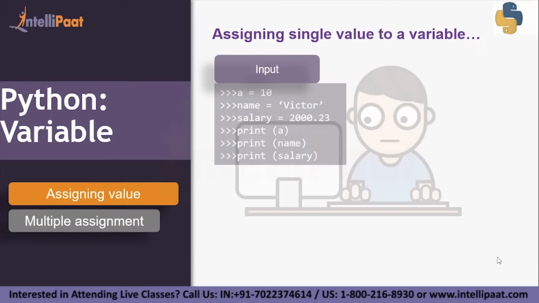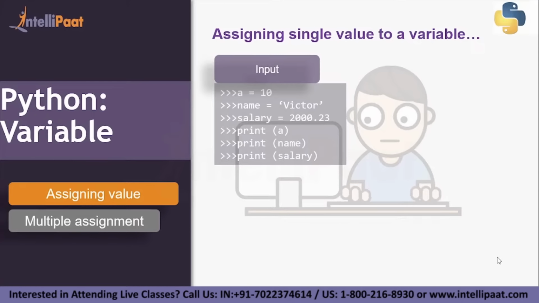Python will automatically detect that this name variable is of data type string, since it stored a string value. Next, we have salary as 2000.23. Since 2000.23 is a floating type, Python will automatically detect that salary is of data type float. You don't have to specify a data type for a variable.